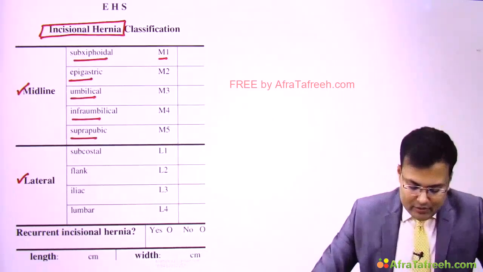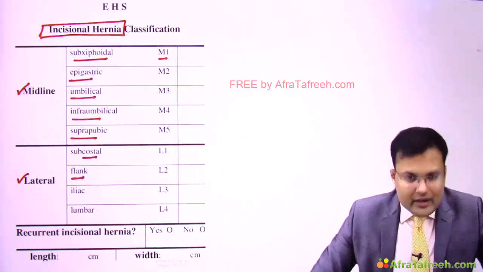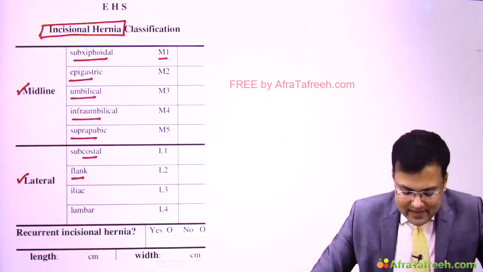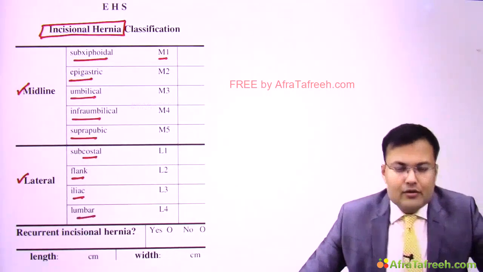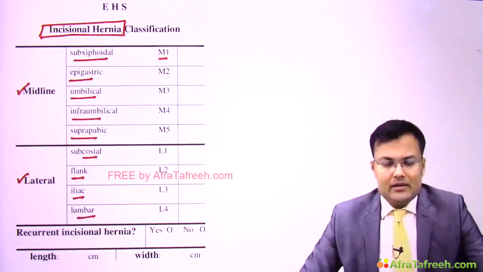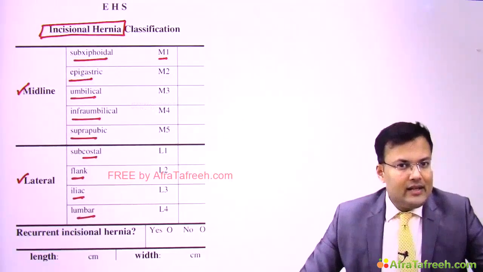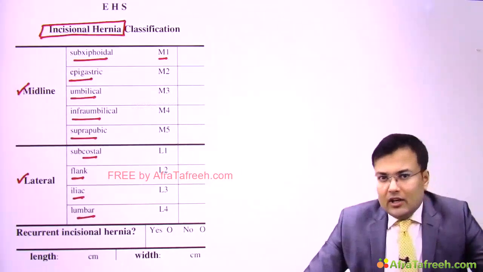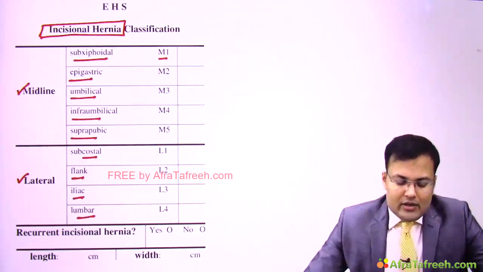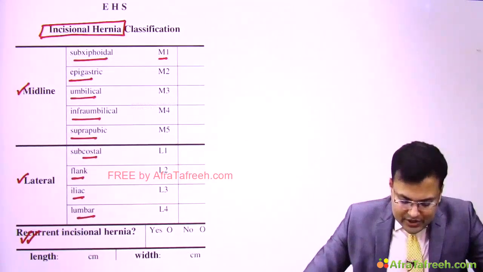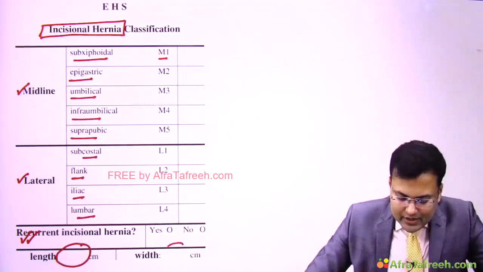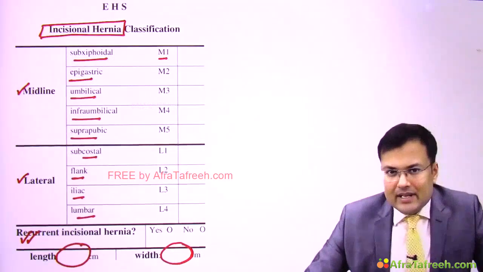L1 is subcostal, L2 is involving the flank or present in the flank, L3 is present in the iliac region, and L4 if it's located in the lumbar region. This is the classification. Then in the chart it is mentioned whether this incisional hernia is recurrent or not. So whether it is recurrent or not, and you have to mention what is the length and what is the width.